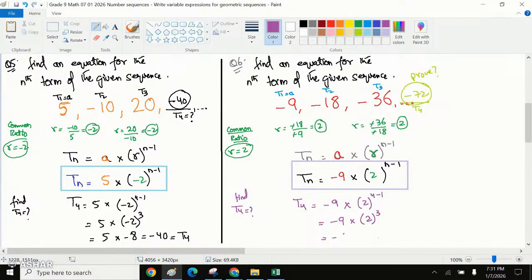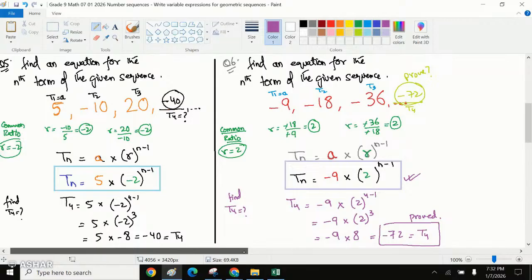And we know that 2 exponential 3 is 8 and 9 times 8 is 72. But since 9 was negative, we put a negative. That was term 4. We showed that, proved, right? It's proved over here that this nth term equation is correct for us, right?